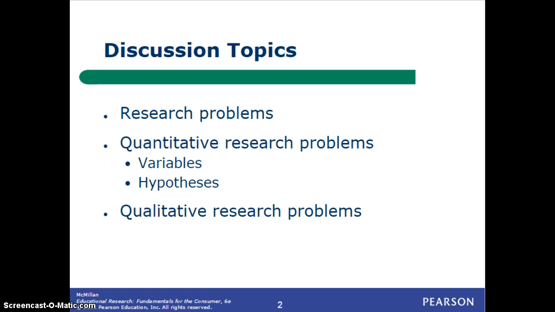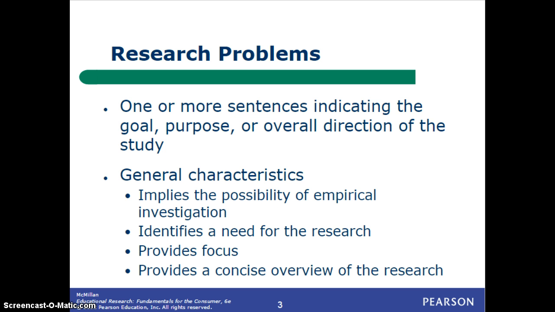So this week our broad topics are research problems, quantitative research problems, including variables and hypotheses, and qualitative research problems. So research problems can be demonstrated through generally one or two sentences where we address the goal, purpose, and overall direction of our study.